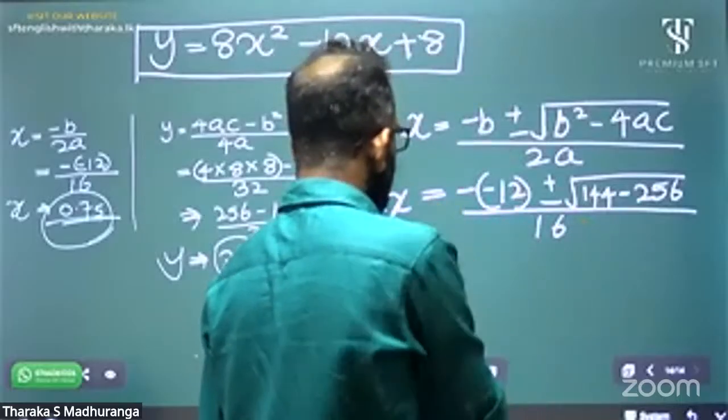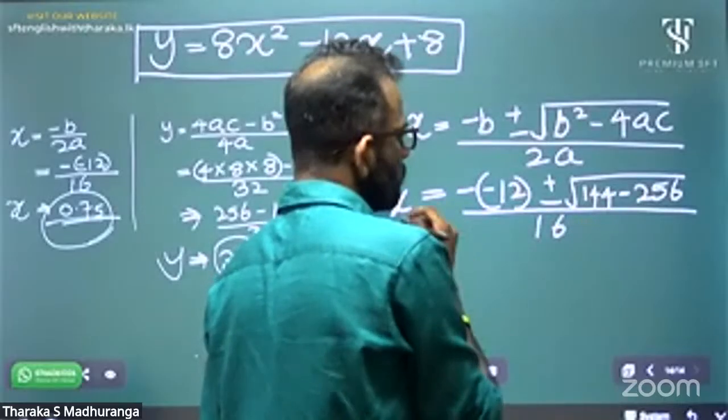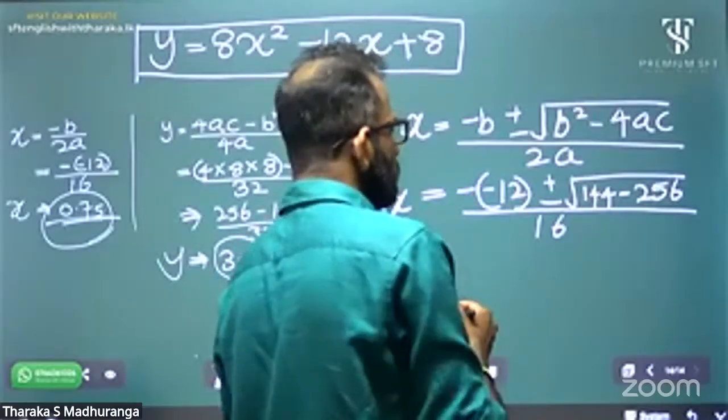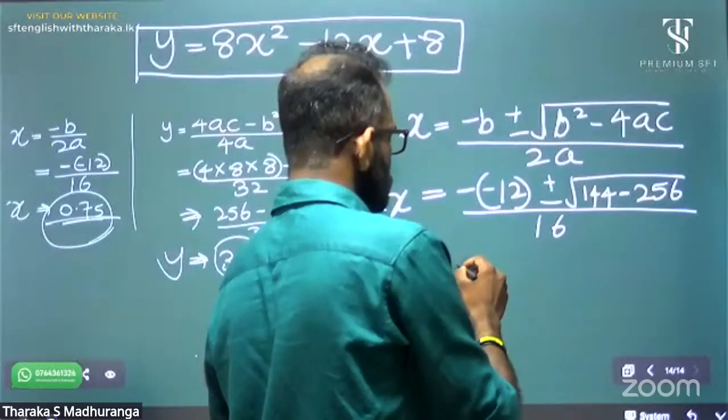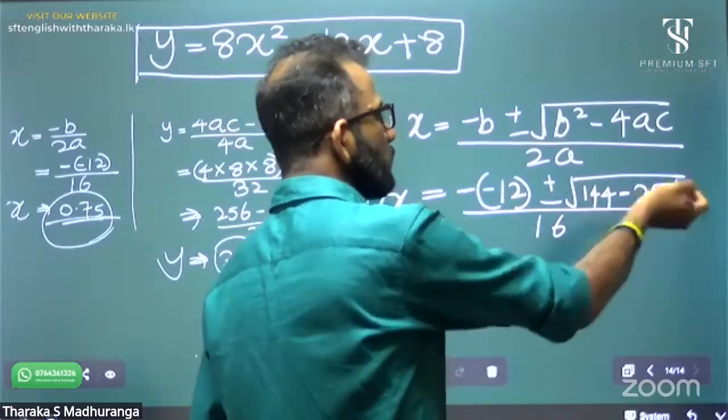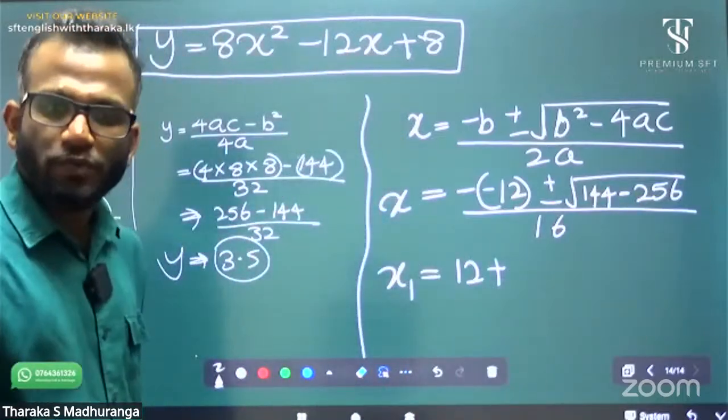Now you can get the x1 value, the first x-axis cutting point: minus minus plus, plus 12, 12 plus 144 minus 256.